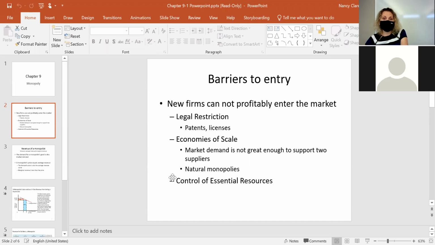The last one is another common reason, not quite as common as the patents or legal restrictions: the control of an essential resource. If you are producing a good and you buy up all of the resource necessary to produce that good, whether it's labor, like expertise, or a physical natural resource, then obviously you're the only one that can make it.